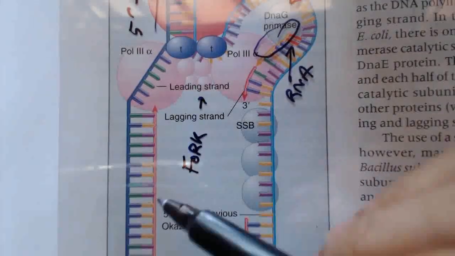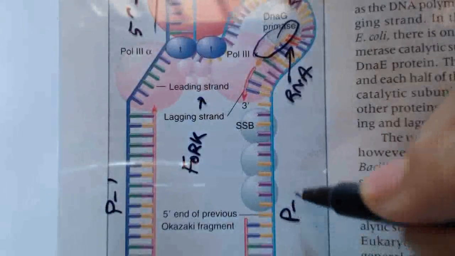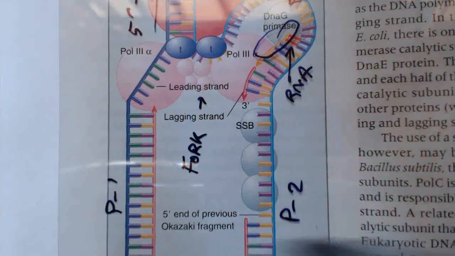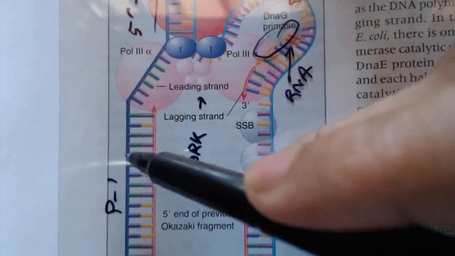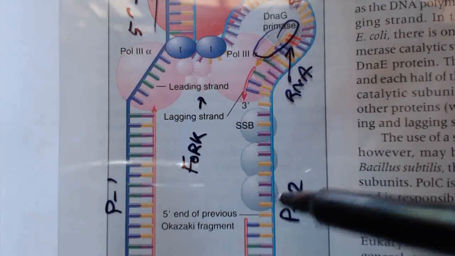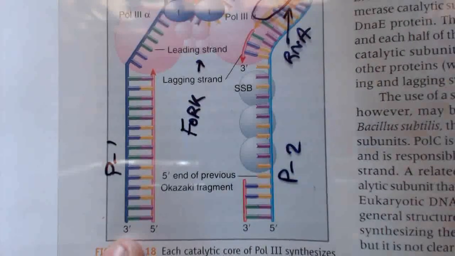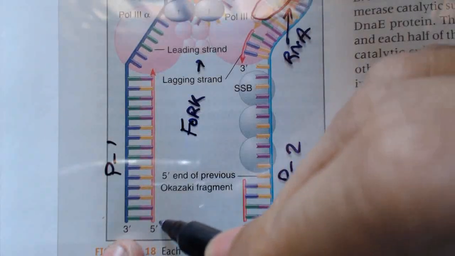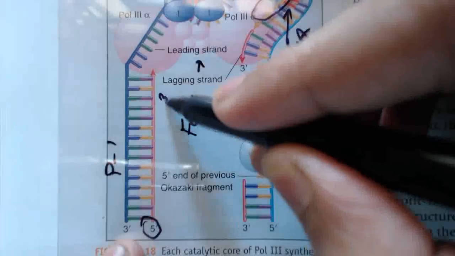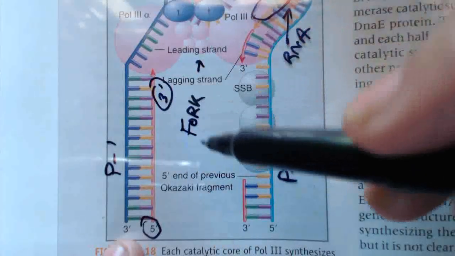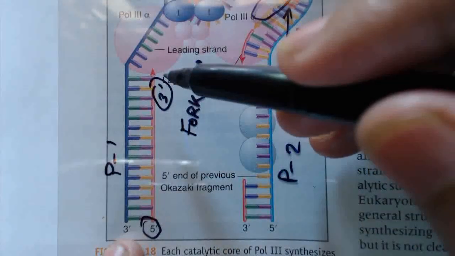So as you can see here, these are the two different strands, because this is parental strand 1, and this is, say, parental strand 2. Now if they synthesize the new strand, that is in red here, this strand is itself from 5 prime towards 3 prime, and the direction of the fork is also from 5 prime to 3 prime.